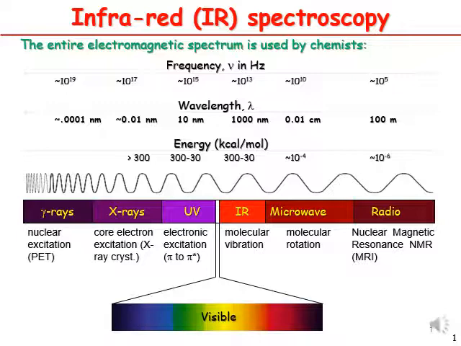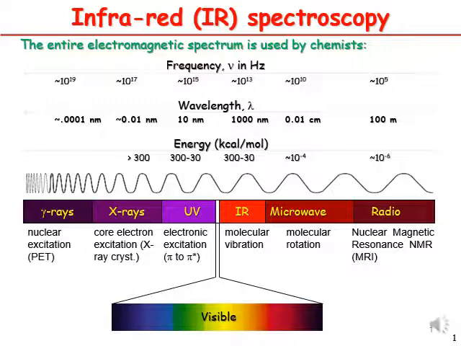So here we're going to focus on the instrument, which is called infrared spectroscopy. Basically, infrared spectroscopy is in between visible light and microwave. So basically the energy is not too high compared to the UV.